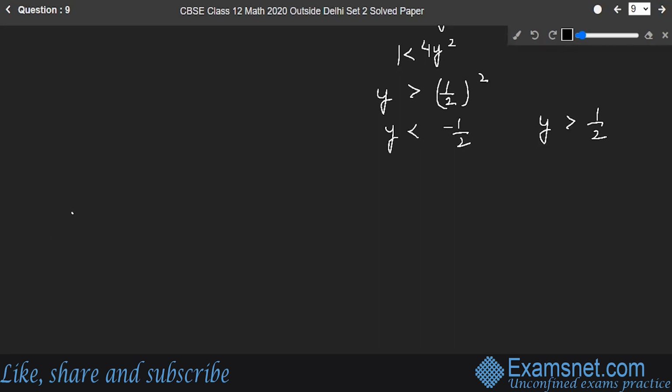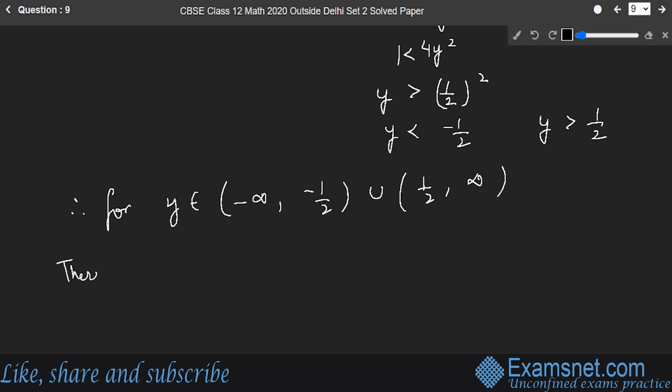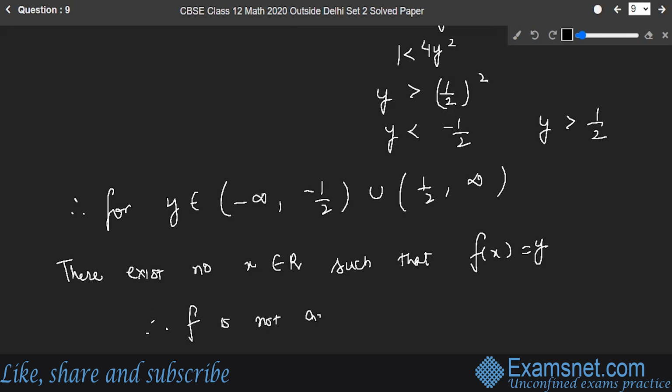Therefore, for y belonging to minus infinity to minus 1 by 2 union 1 by 2 to infinity, there exists no x belonging to R such that f(x) is equal to y. Therefore, f is not an onto function as well.